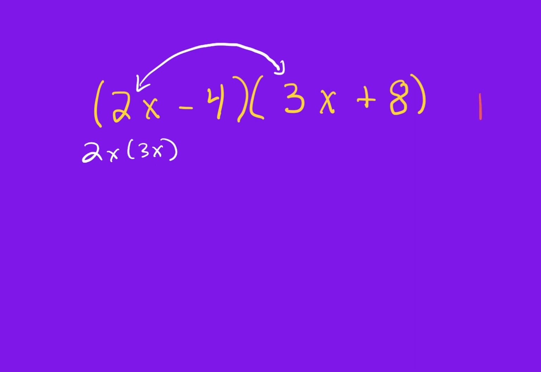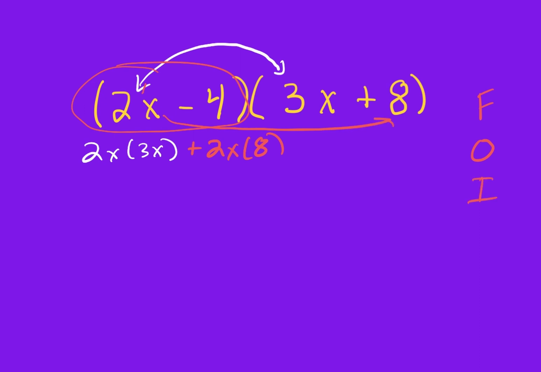So we took care of the first. What's the outside? What are their values? What's the outside term in our first one? 2x or 4? What's on the outside? 2x. Okay, so we're going to go 2x times what? 8. So it's 2x outside, it's 2x times 8.